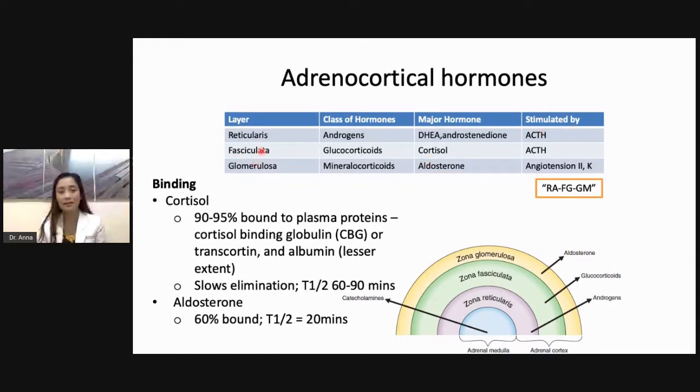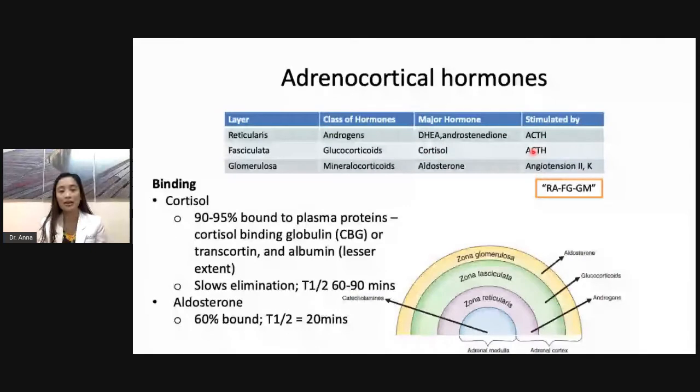Next is your middle fasciculata, and the major class of hormones secreted in this layer are your glucocorticoids. The major hormone representing glucocorticoids is cortisol, and it is predominantly controlled by your ACTH.